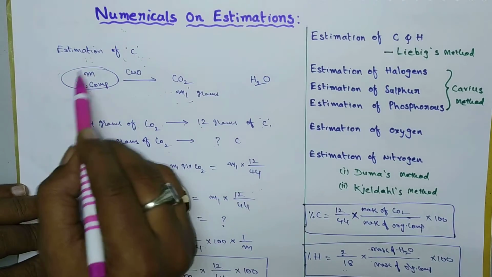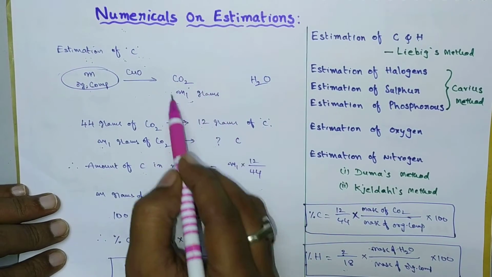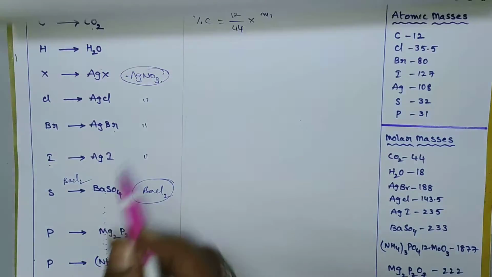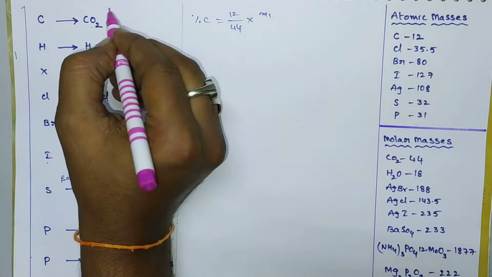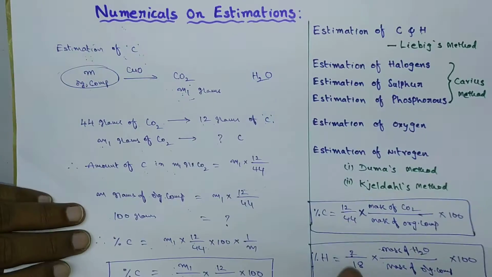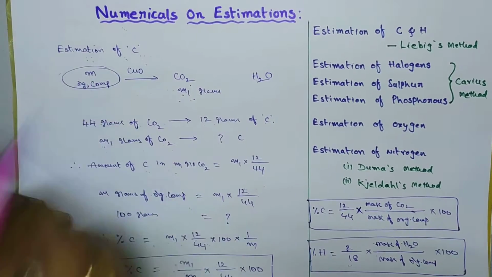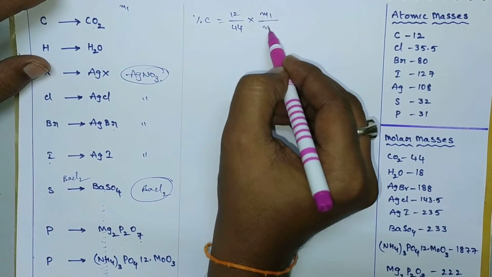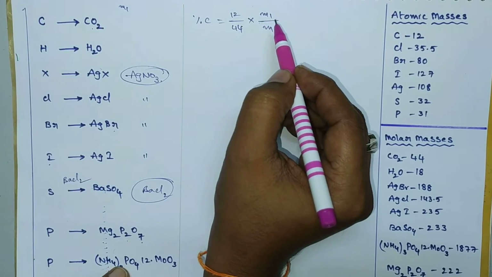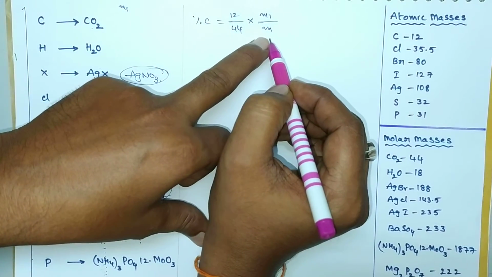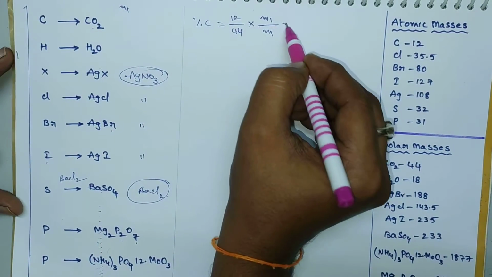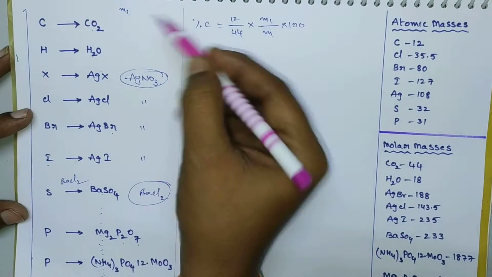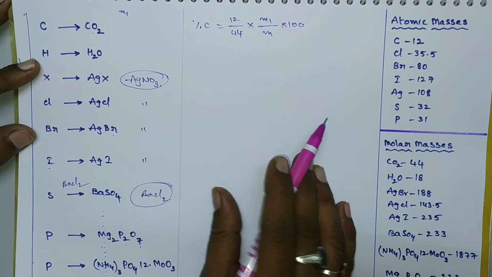M grams of organic compound is converted into M1 grams of carbon dioxide. So we write M1 by M, where M1 is the mass of this compound and small m is the mass of the organic compound, into 100. In this way you can easily calculate this.